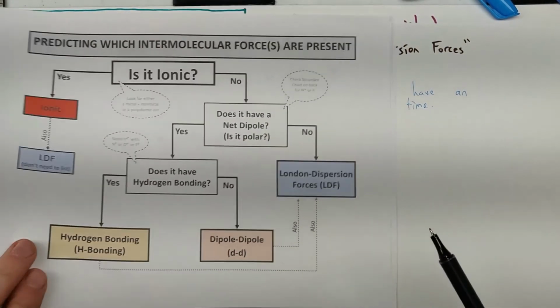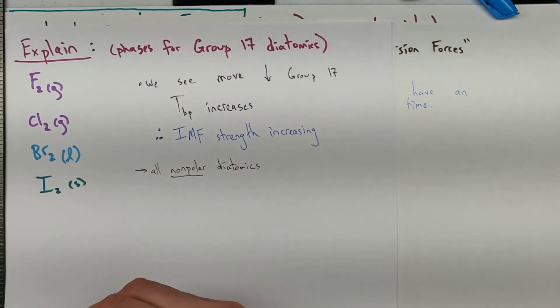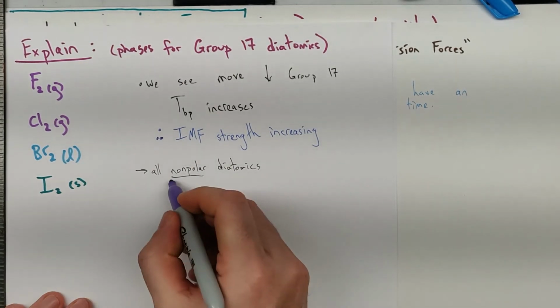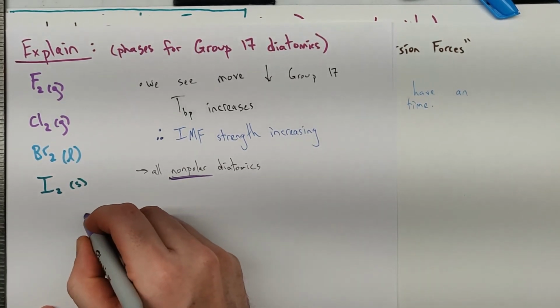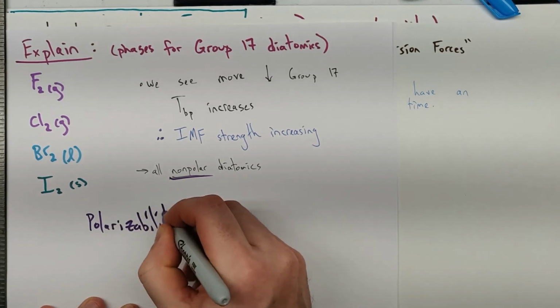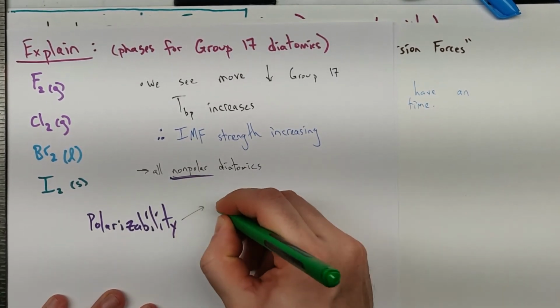And so if there's going to be London dispersion forces as an answer, there's going to have to be some difference in the seven-syllable word that is polarizability. So if they're all nonpolar, then the answer has to be polarizability. And we said there's two key characteristics for that polarizability, the first of which is the number of electrons.